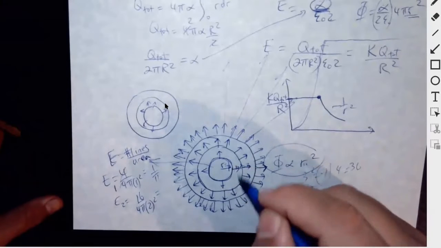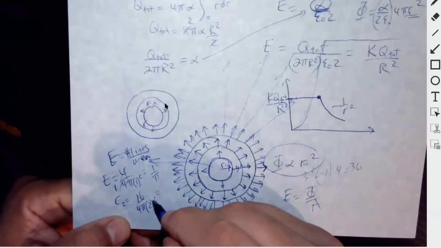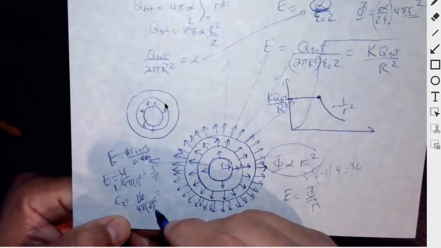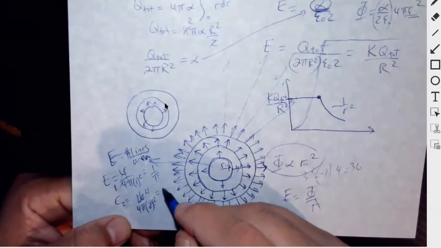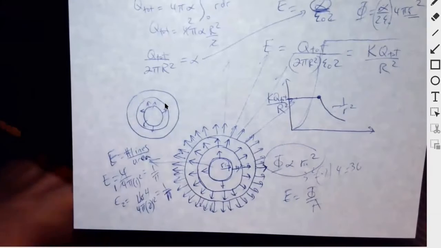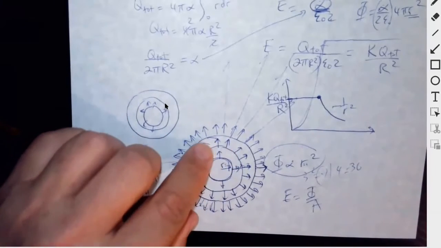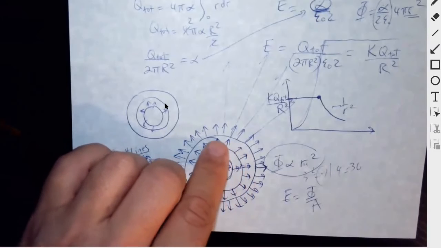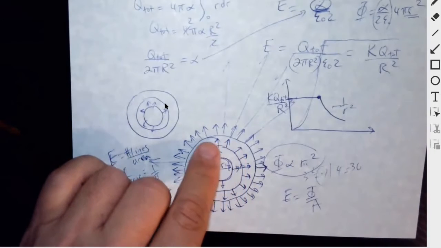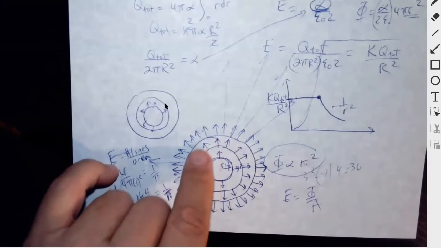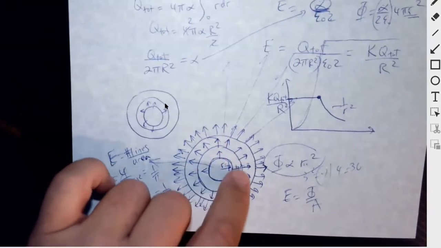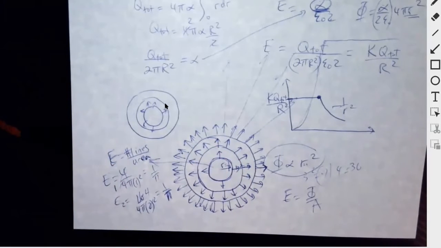At r equals 2, 4 goes into here 4 times, and then 4 cancels, giving 1 over pi. Aha, you see? So in other words, 16 lines spread over an area of radius 2 meters represents the same concentration of lines as 4 lines spread over a radius of 1. So therefore, the electrical field strength is the same.